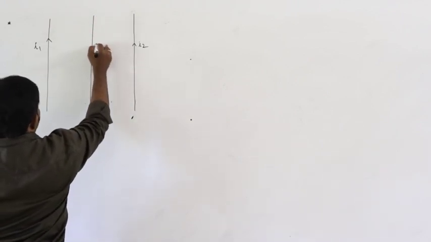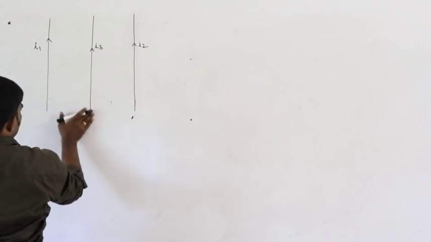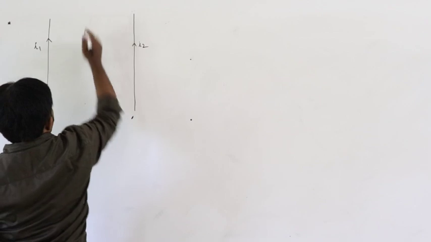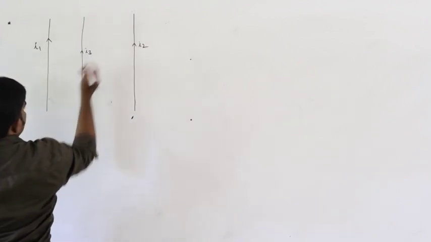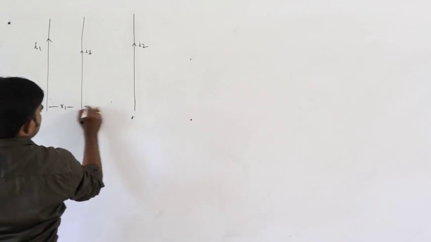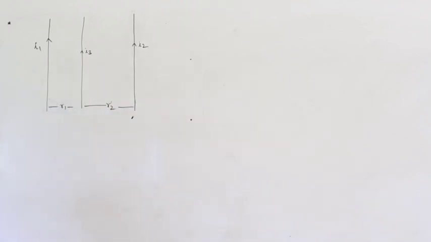But in between these two, another conductor is placed. Let us say this is the current I3. Let us say the distances are R1 and R2.